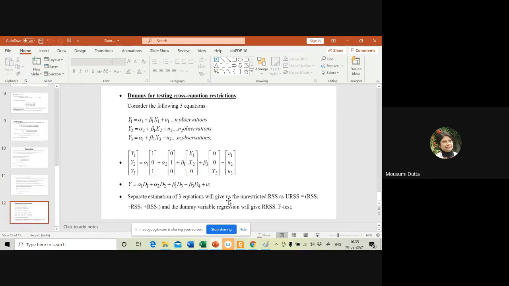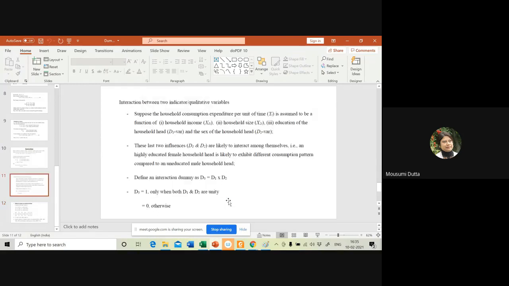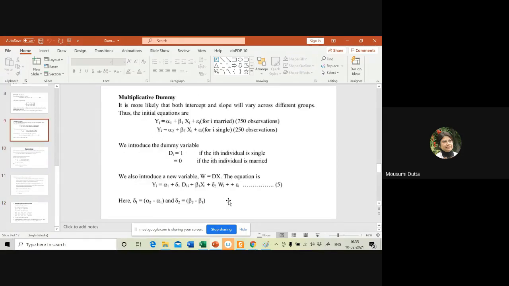So look at the examples in Maddala's book, because it has been written very lucidly. You will get a number of examples of how they incorporate intercept dummies and slope dummies for different categories. In case of slope dummy, I discussed a single category. Now you can consider multiple categories as well.